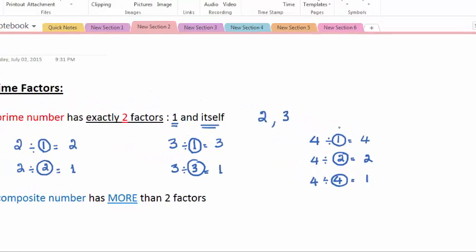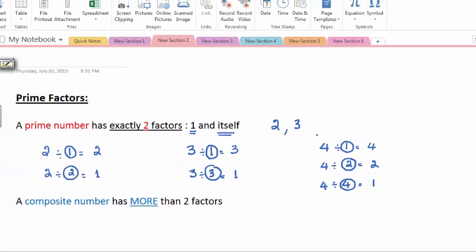As you can see, this case is different from the definition of the prime number. Why? It has how many factors? It has 1, 2, and 4. The definition says exactly two factors, 1 and itself. In this case, yes, it has 1. Yes, it has itself, which is 4. But in addition to that, number 2 is additional.